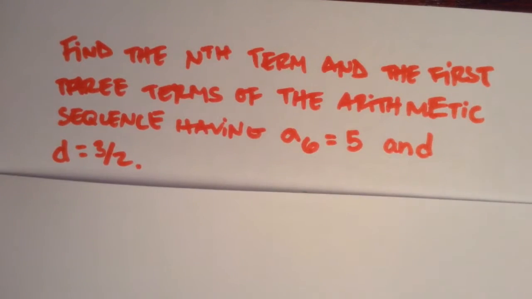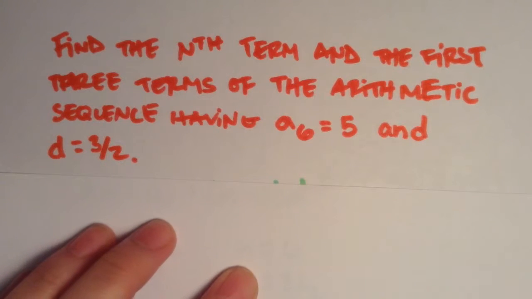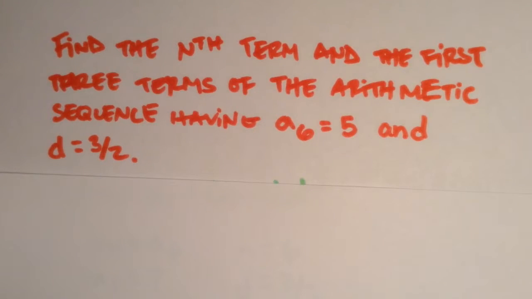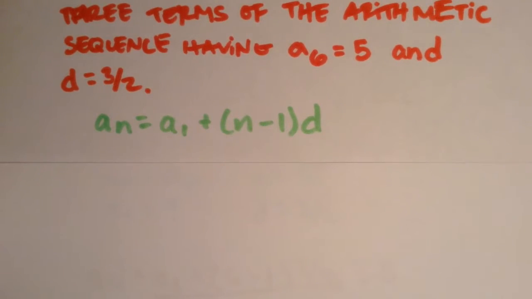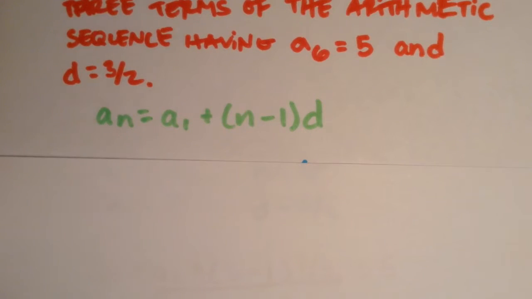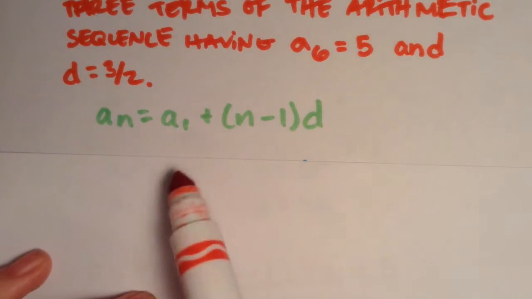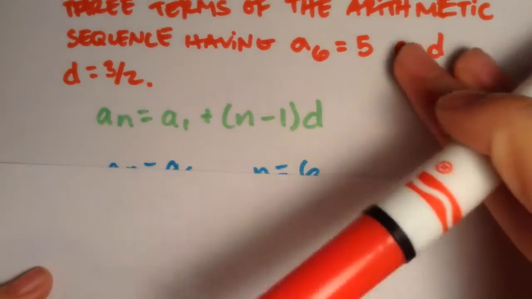Now let's find the first 3 terms of the arithmetic sequence having a sub 6 equal 5 and d equal 3/2. We have the arithmetic explicit rule: a sub n equals a sub 1 plus n minus 1 times d.